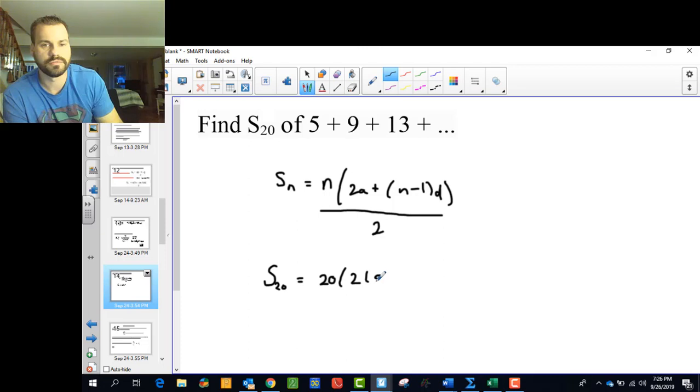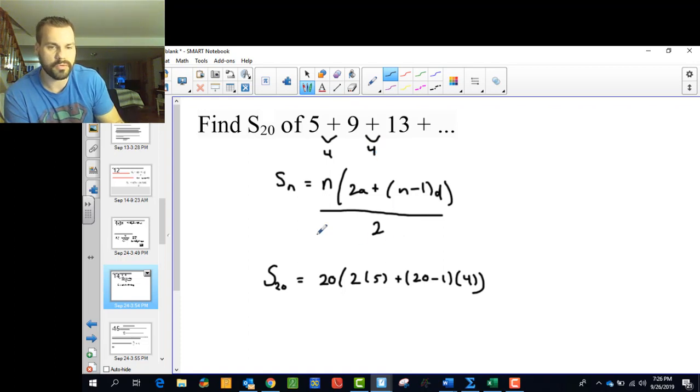Our a is 5. N is again 20. And our common difference is 4, because it's going up. The difference there is 4. And then we're dividing the whole thing by 2.